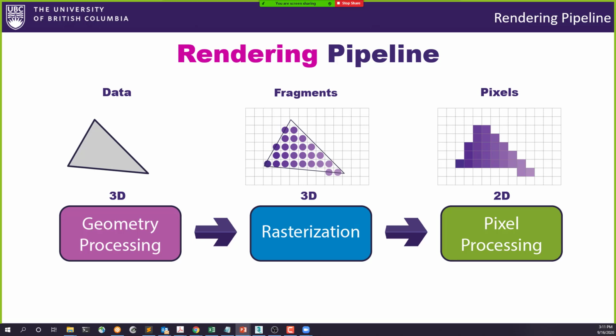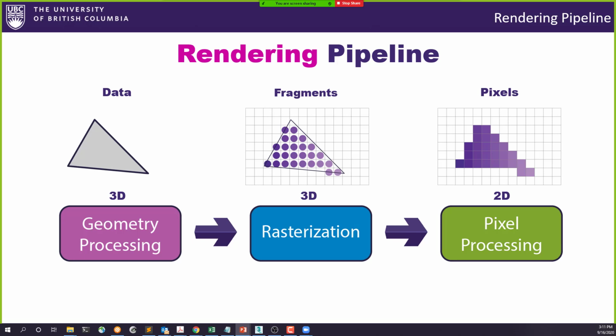But it needs to apply different transformation matrices to get the final position of that triangle in screen space, okay? So it goes to the rasterization part. It's already in screen space, but this screen space is not yet 2D because you have depth information. You have some information that is actually still 3D, okay?